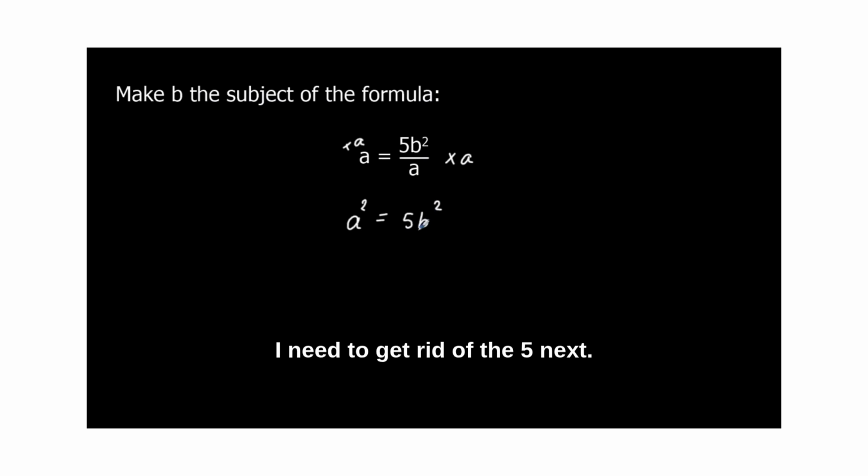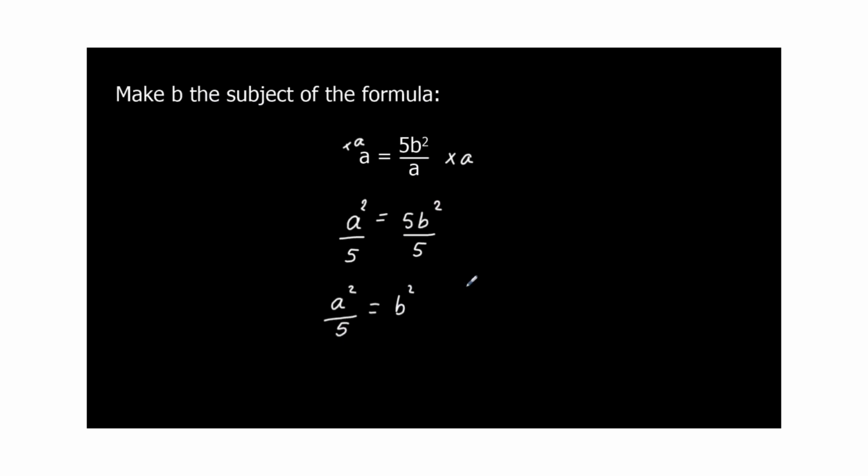I need to get rid of the 5 next. So to get rid of a times 5, we've got 5 times B squared. To get rid of a times, we do a divide. So I divide both sides by 5. So I've got A squared over 5 equals B squared. And now I need to get rid of a square.